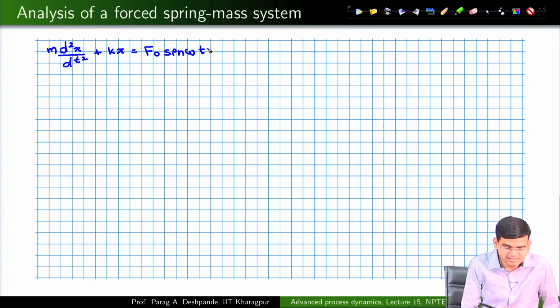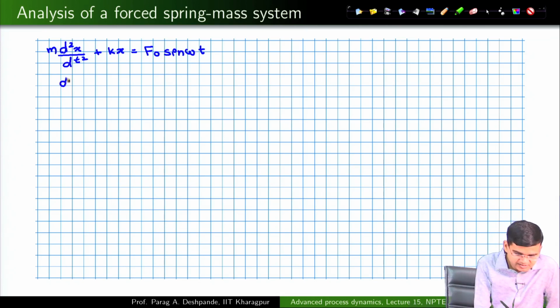The steps would remain identical. Let me highlight the steps. I urge you to actually jot them down and proceed further with the trivial integration, multiplication steps and so on. So, I will write dx by dt is equal to y.